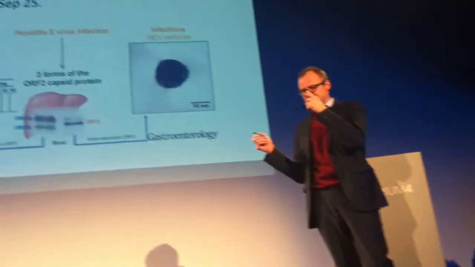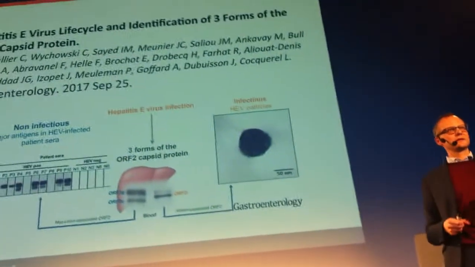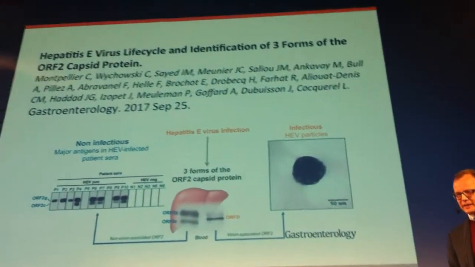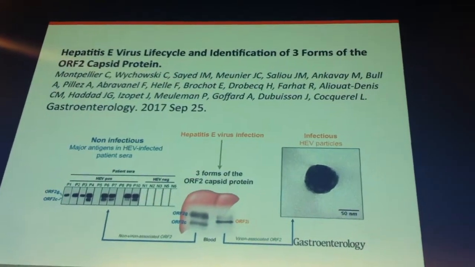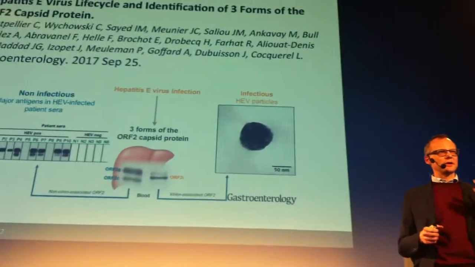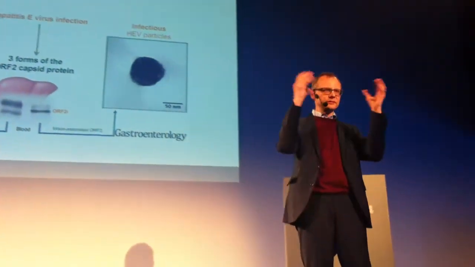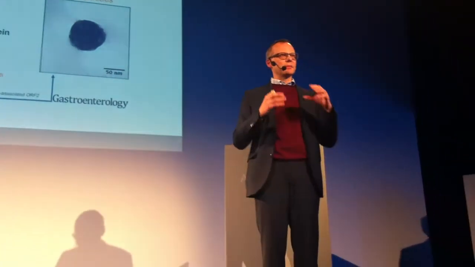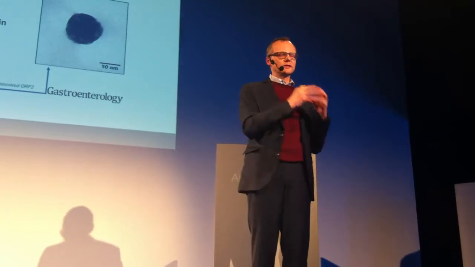And then there was another paper, close to Belgium here, Philip is part of that one, but from Lille, and Laurence published here a very nice paper in Gastroenterology on the HEV life cycle. And what I found interesting in that paper is, yes, you can now visualize infectious particles, but there is HEV antigen which is not infectious.